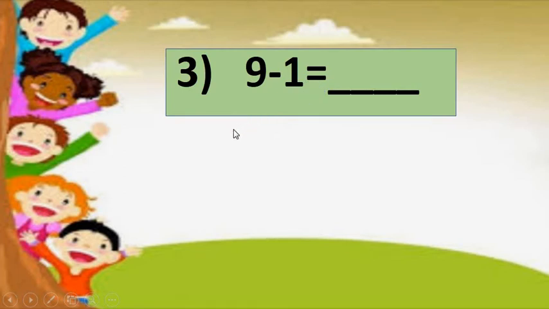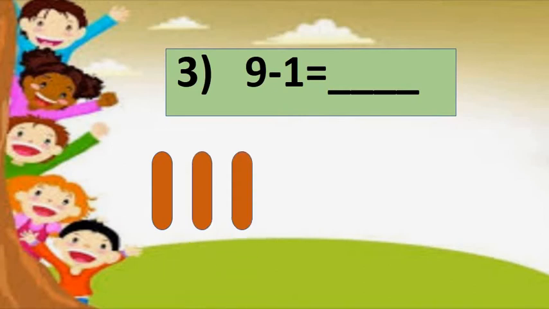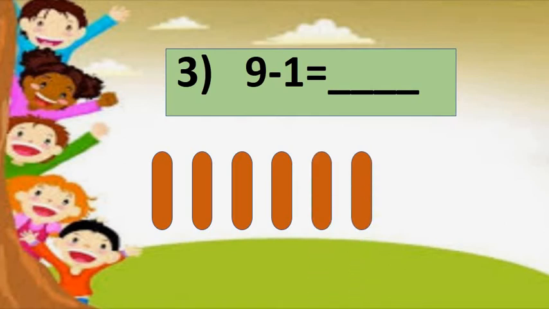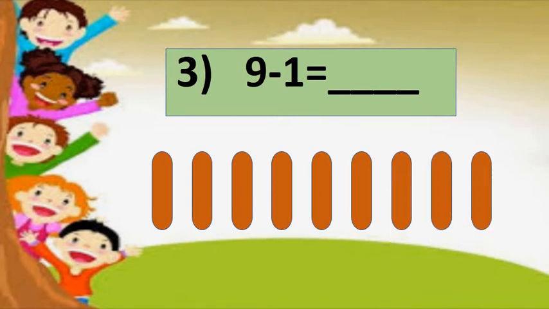Let's see how can we solve it. 1, 2, 3, 4, 5, 6, 7, 8, 9. 9 minus 1, take away or cross out 1.